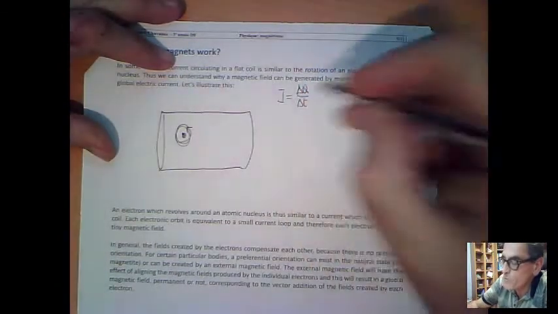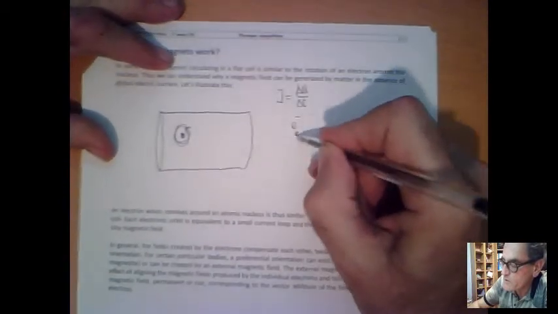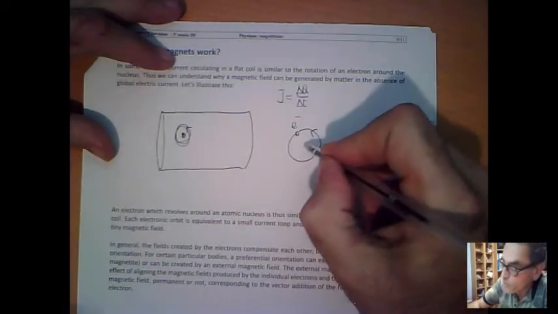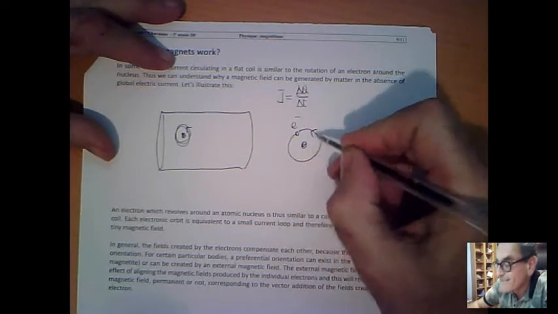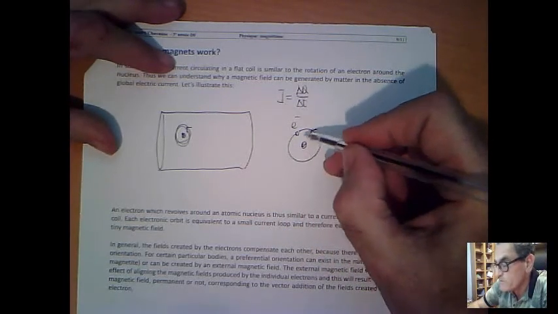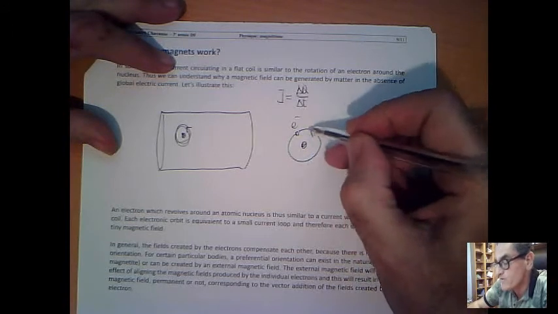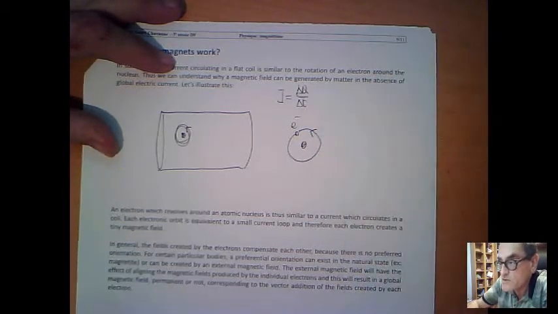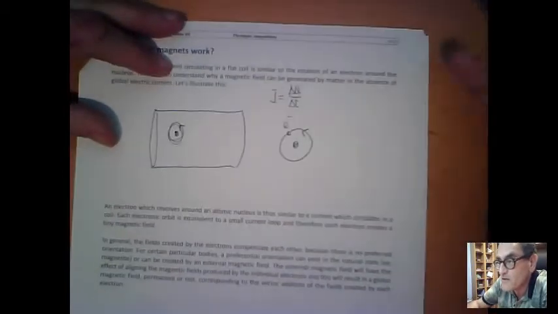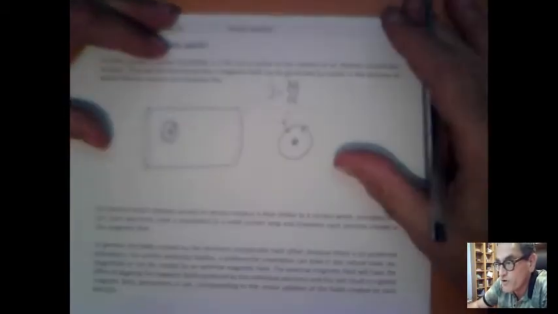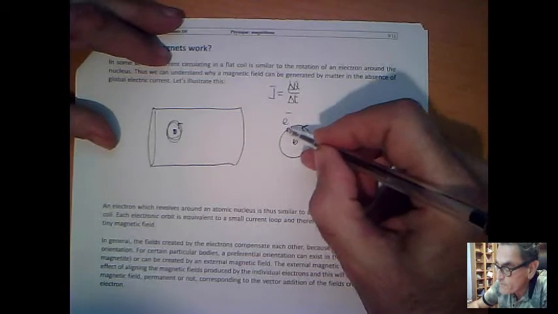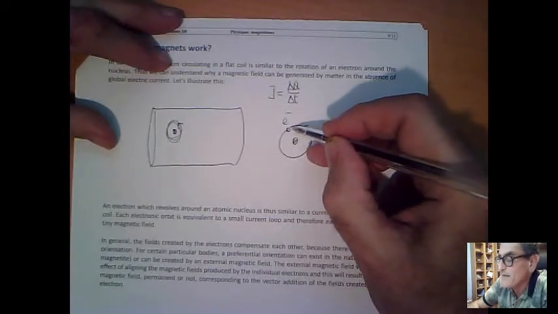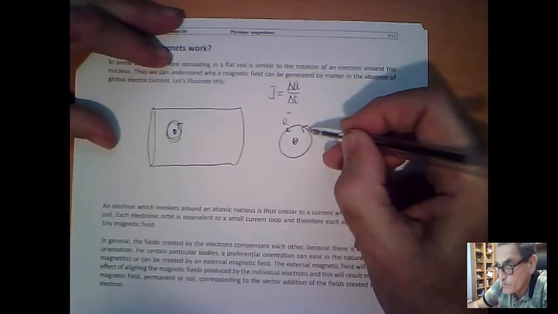So if there is one electron which is turning in a circle around some nucleus, that is equivalent to a current, because it's a charge which is moving on a certain trajectory. And a charge which is moving is just the same thing as a current. A current is a motion of charges, okay? So every electron inside matter is equivalent to a small current.